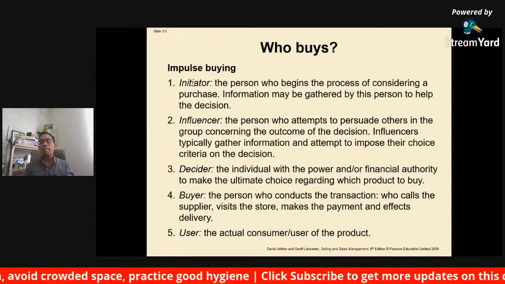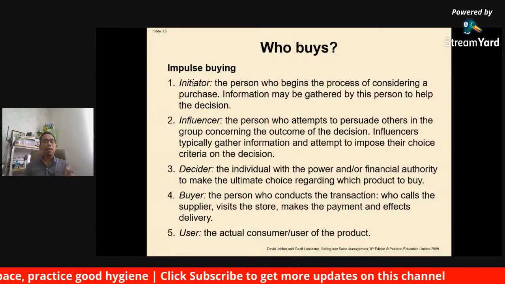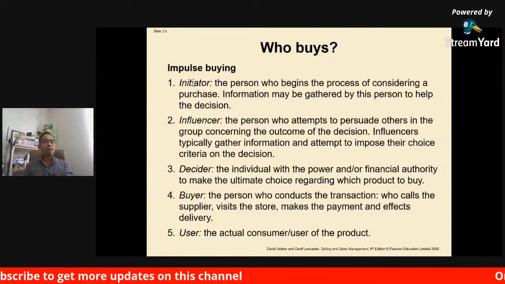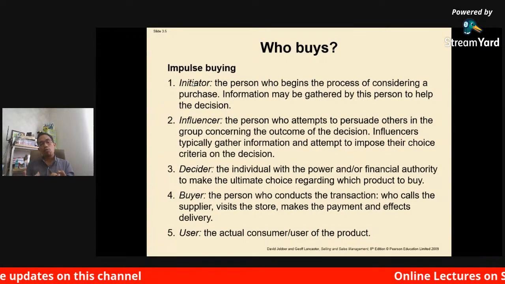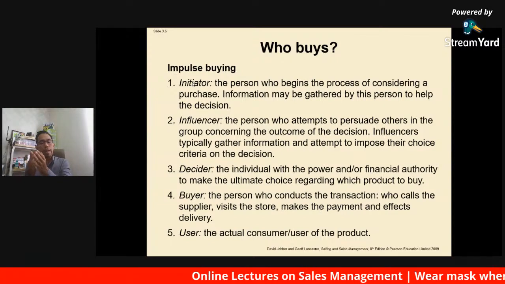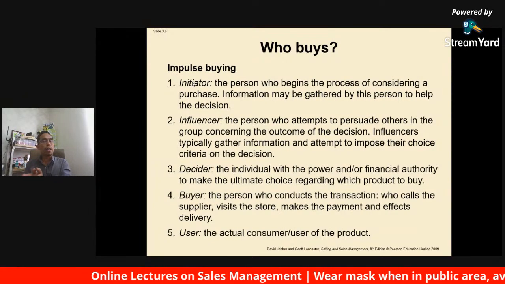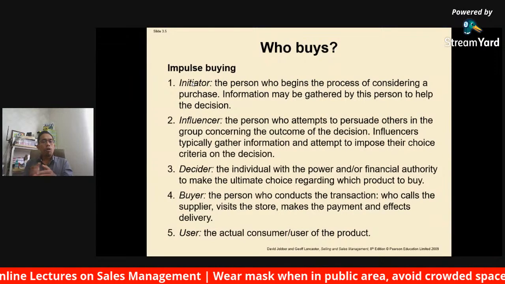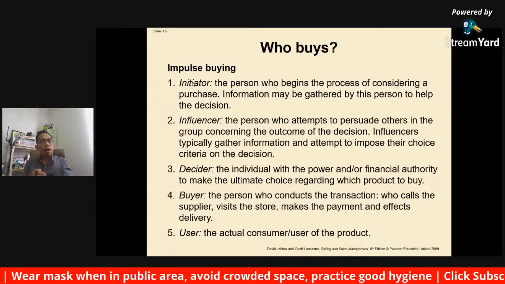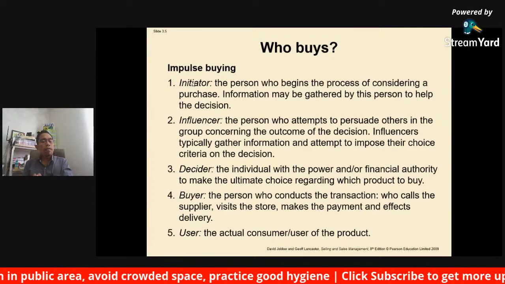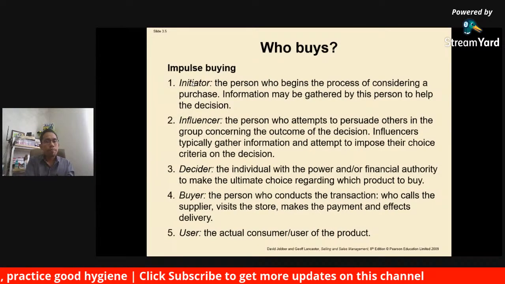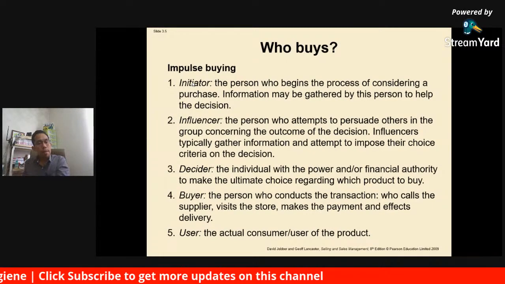The influencer, somebody else, comes to you and says, yes, very good question, we need to have this. They put more persuasion on the entity that will make the decision to buy the product. In the group they are concerned about the outcome of the decision. What happens if I buy this product? What will happen to our business? What will happen to our family?